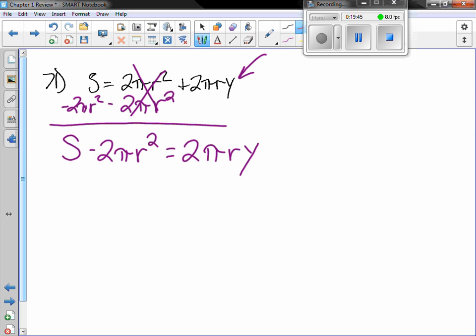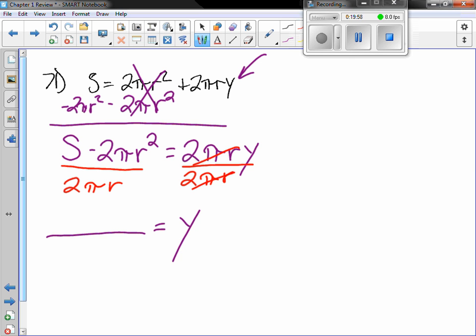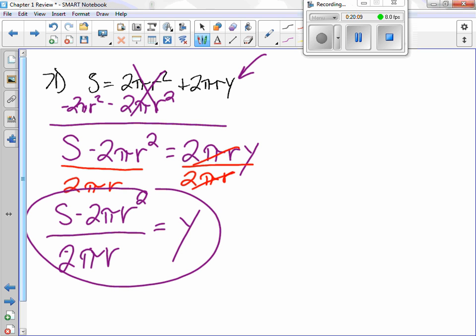And our next step is going to be to divide both sides by 2 pi r, because these here will cancel. And we get this here.